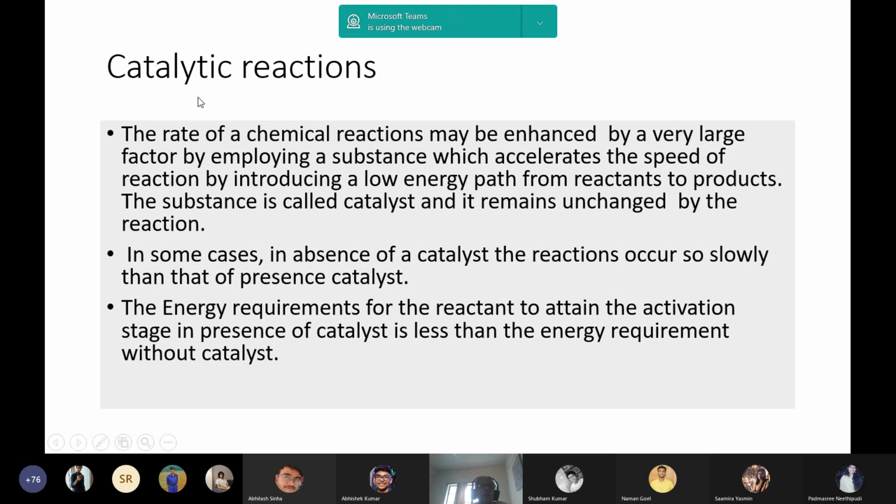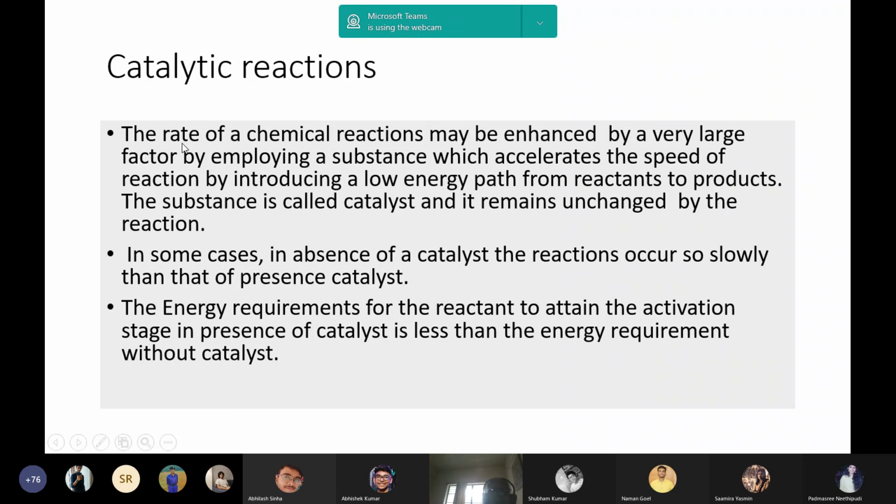And then I'll describe something about catalytic reaction, heterogeneous catalytic reaction. And why is a catalyst involved for the reaction? Before the reaction takes place, the reacting species should reach a higher energy level, and this higher energy level for non-catalytic reaction is very high, and for catalytic reaction it is low.